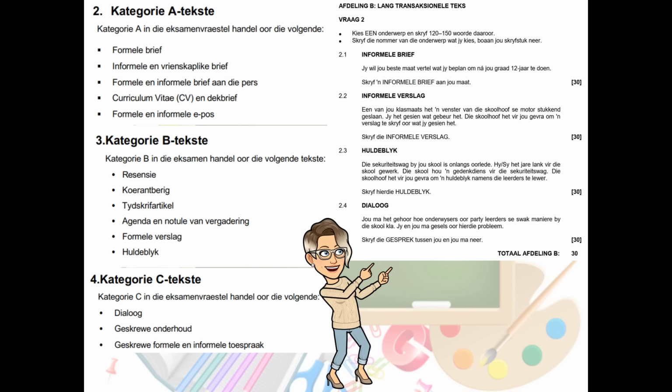When they set up the paper, there must be, out of the 4 options, 1 out of each category, and then 1 extra. And that could be from any of the categories. So you can have 2 text category A's, 1 B and 1 C, or any other combination.